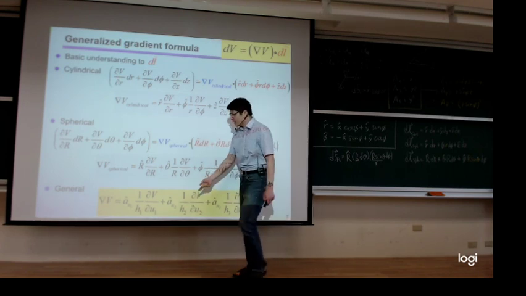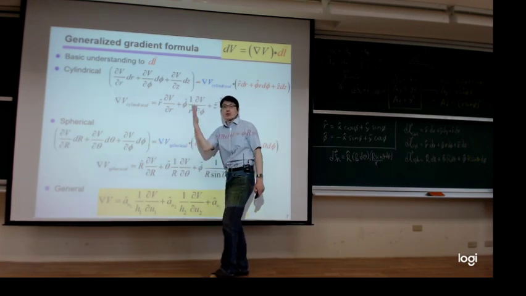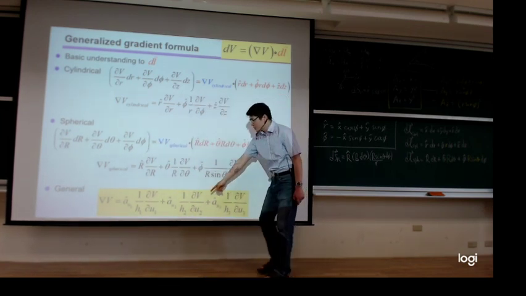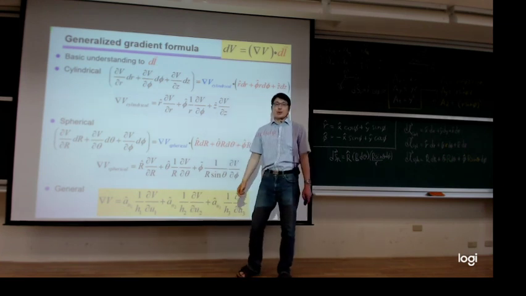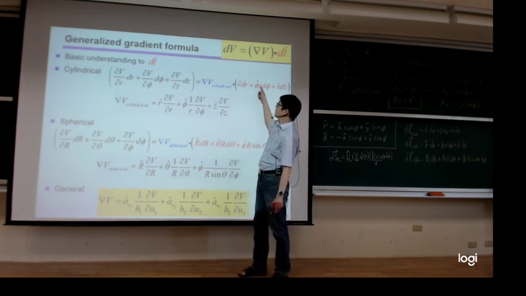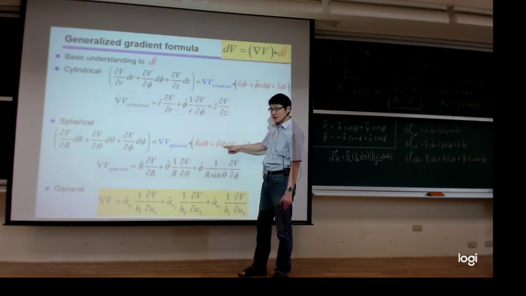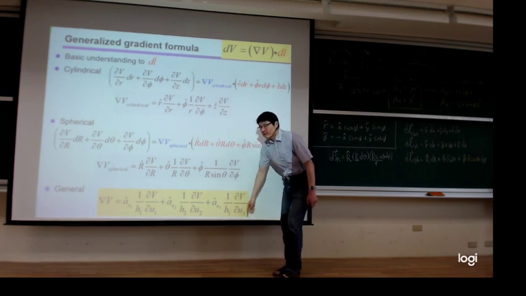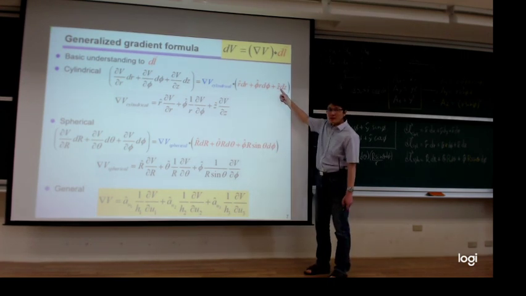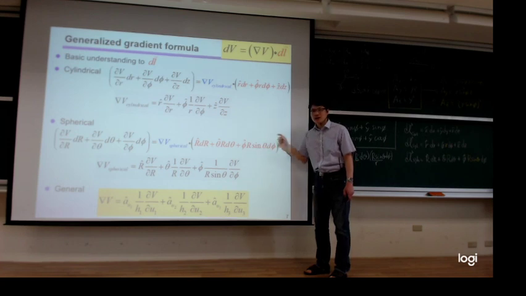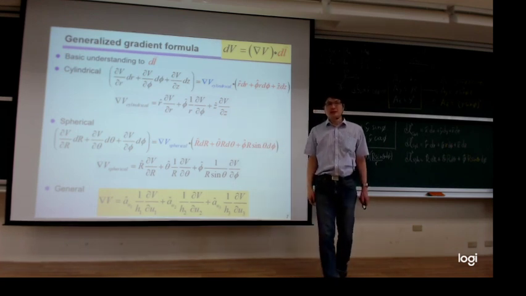So basically, h1 is always 1. h2 is r for the cylindrical coordinate, and capital R for the spherical coordinate. h3 is 1 for the cylindrical coordinate, and r sine theta for the spherical coordinate.